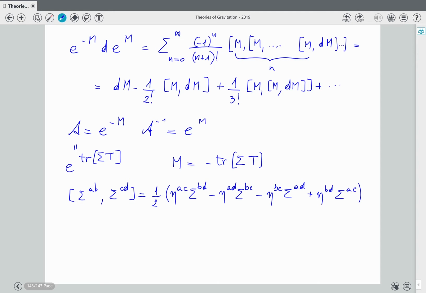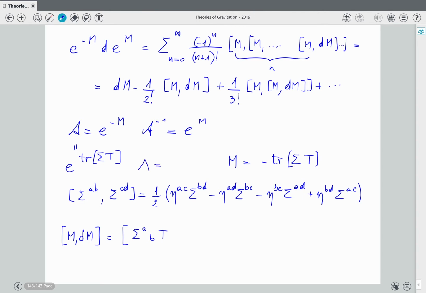For example, let's consider M dm. That is a commutator of, let's write the trace explicitly. TAB, let's recall, adjust the exponential lambda. Let me recall that lambda, yes, this we should have written here, maybe.